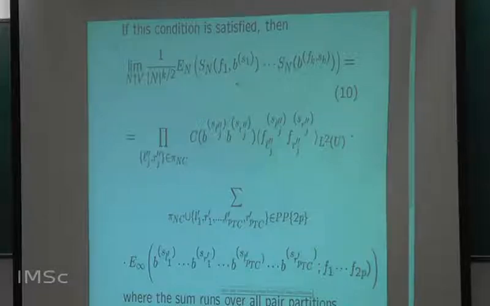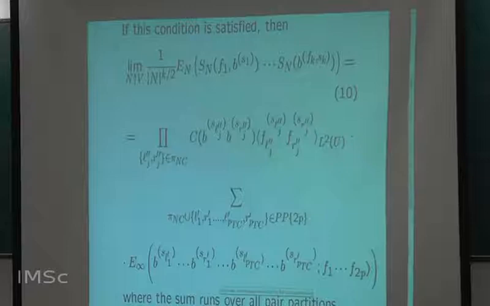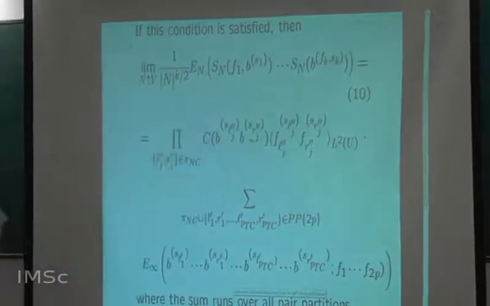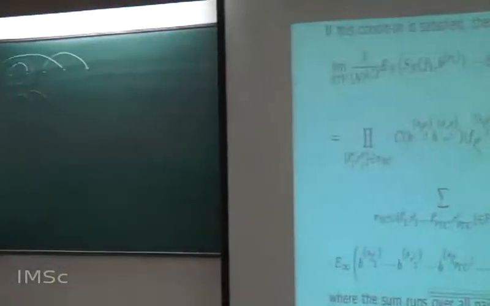And if this condition is satisfied, so if the limit of the totally crossing part exists, then you see that the limit of the crossing part is given by the product of the two randomness, that you can rewrite in this product here. You see that C is the limit covariance.